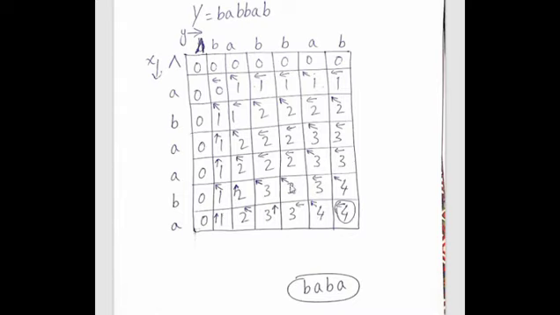But remember one thing, you have to fill up the diagonals from right to left. See, first we have written this A. Then we have written this B, then this A, then this B, right? So wherever you are getting the diagonal from this last value, you have to compare it with the corresponding row and column.